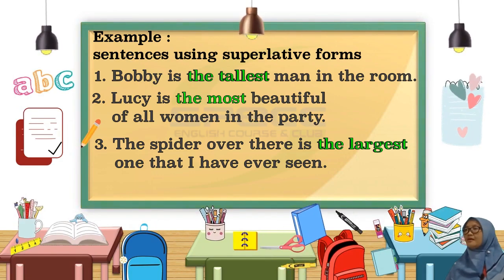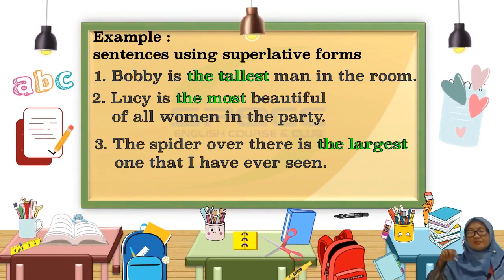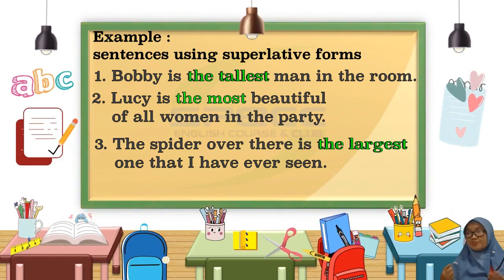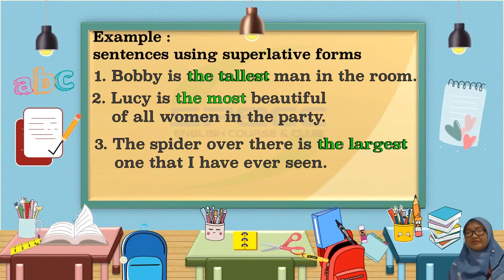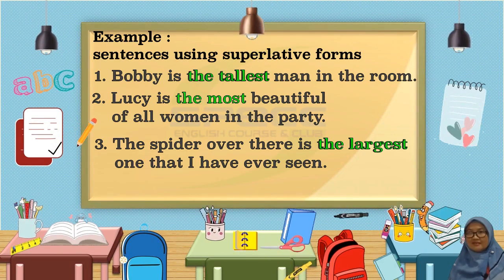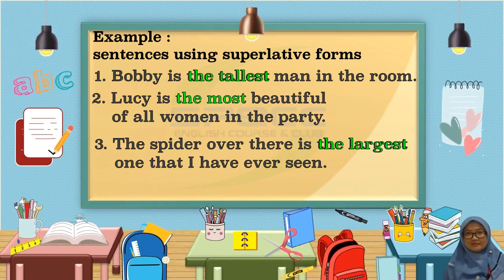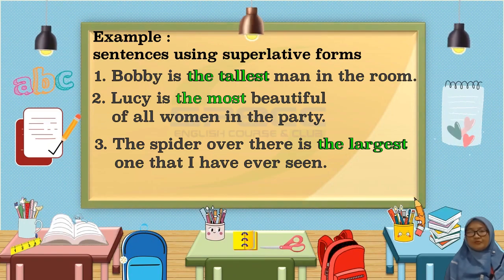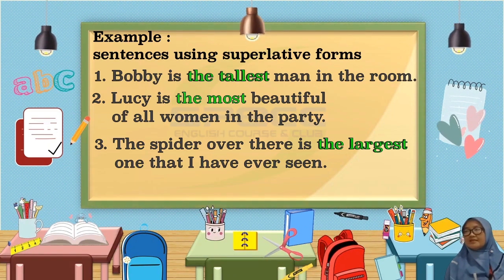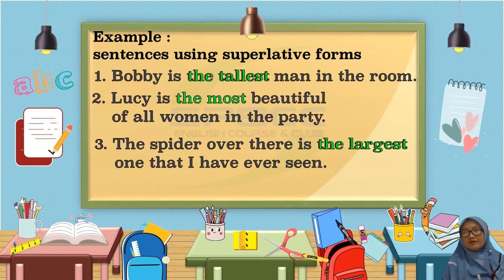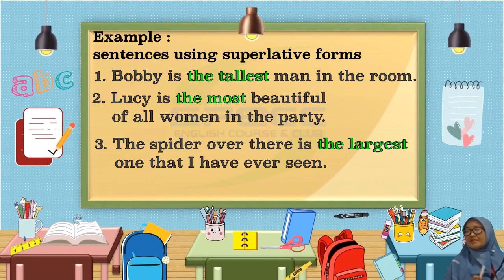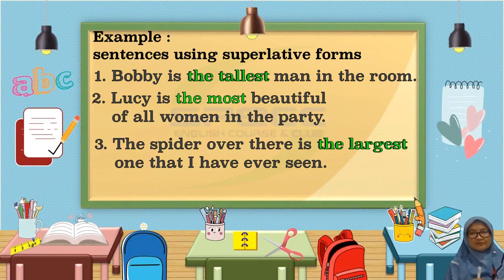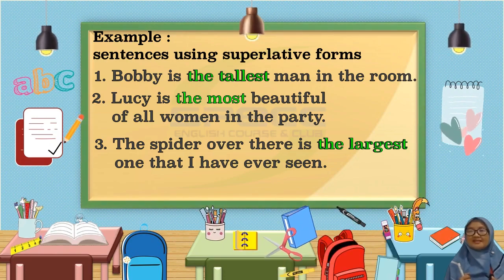So it means this spider is compared with all the spiders that I have ever seen. All right, so now you have seen the superlative form. Now let's see examples of superlative and comparative forms in the TOEFL exercise.